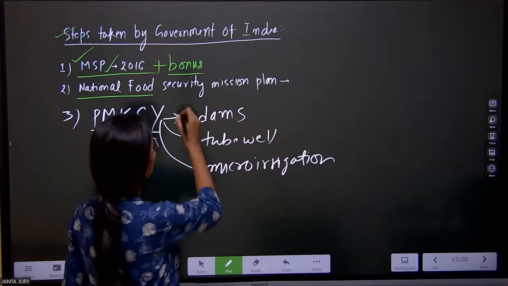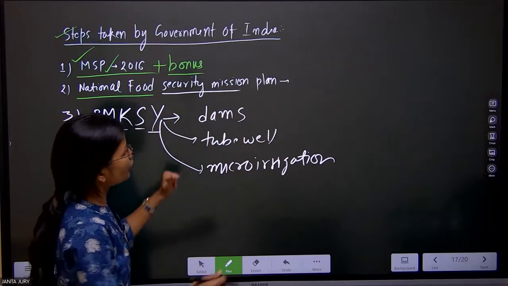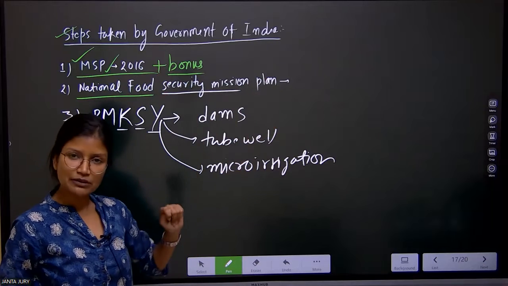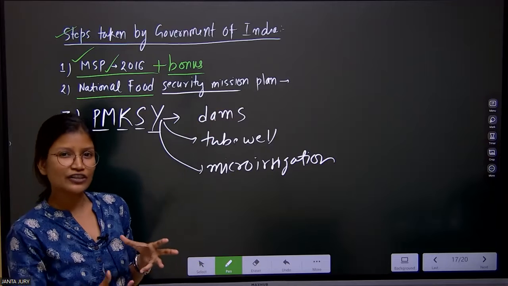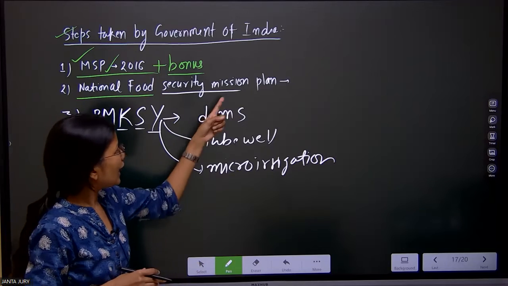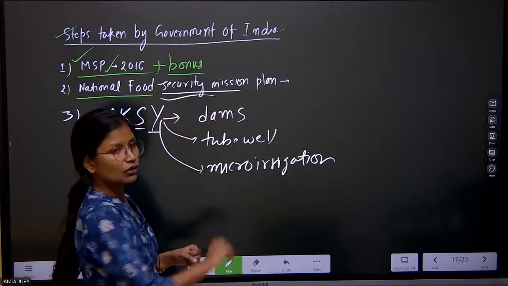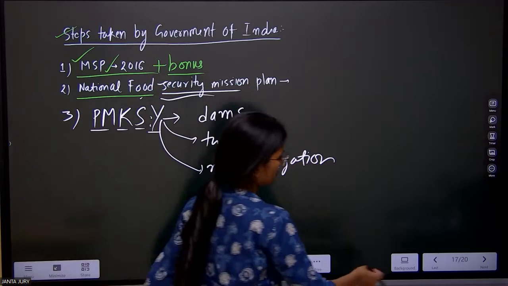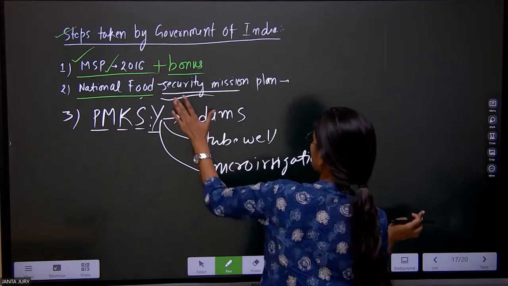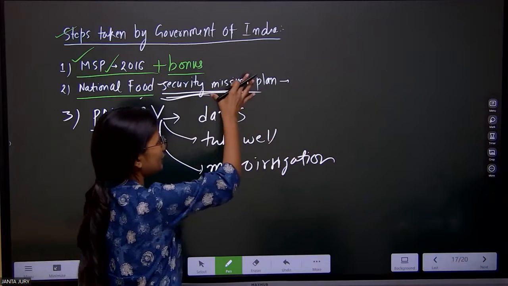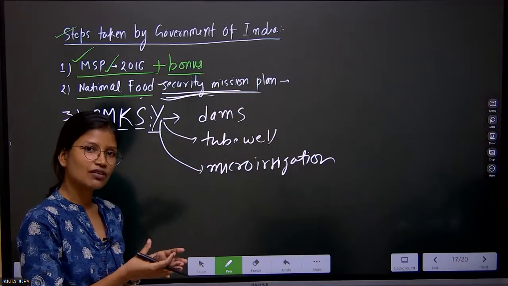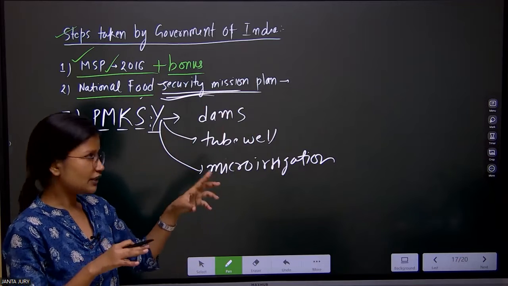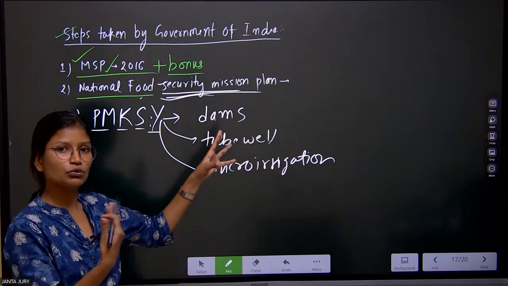Also, the problems about fertilization, insecticides, pesticides, seed replacement, and the lack of facility or technology in the seed are also being answered by this scheme. I have discussed this scheme already, so you can go and check that. Basically, it is trying to incentivize farmers, making them well aware of the different schemes which will help them grow more pulses.